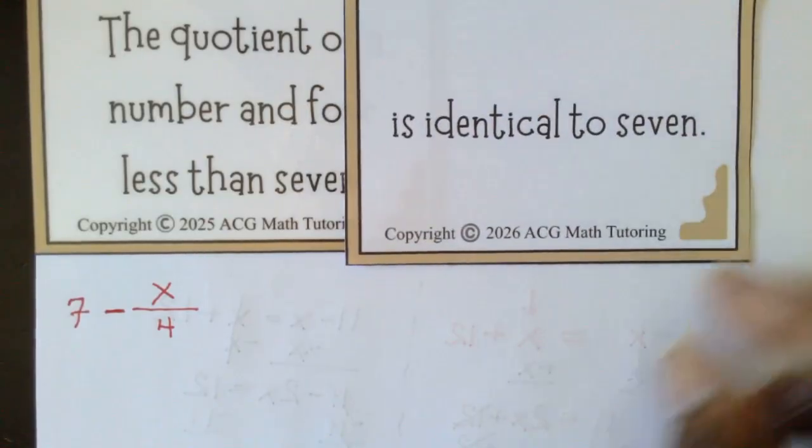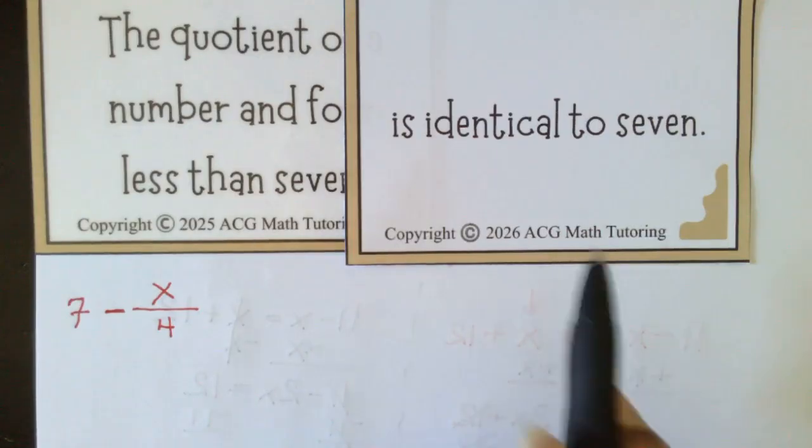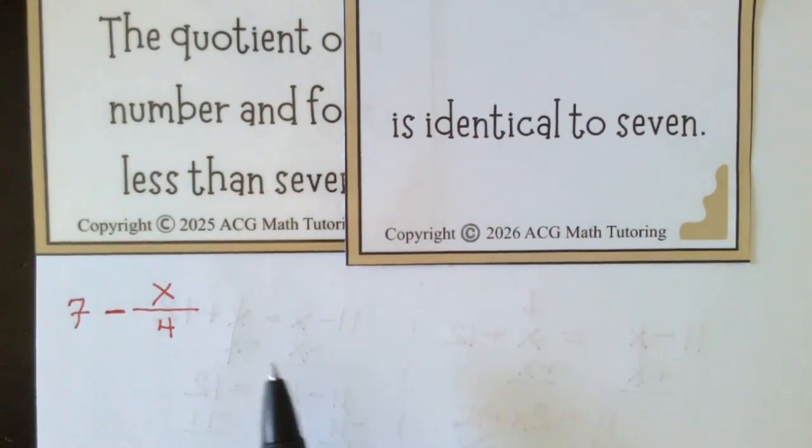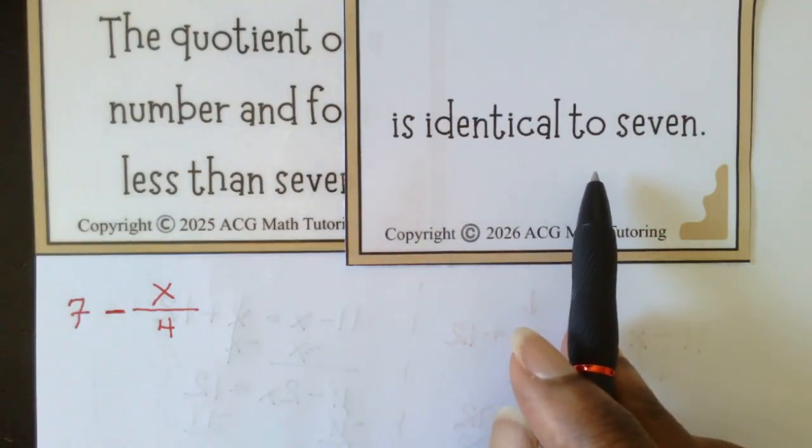So our extension is identical to 7. Is identical to 7. All right. How would I translate this into an algebraic? If something is identical, there we go.